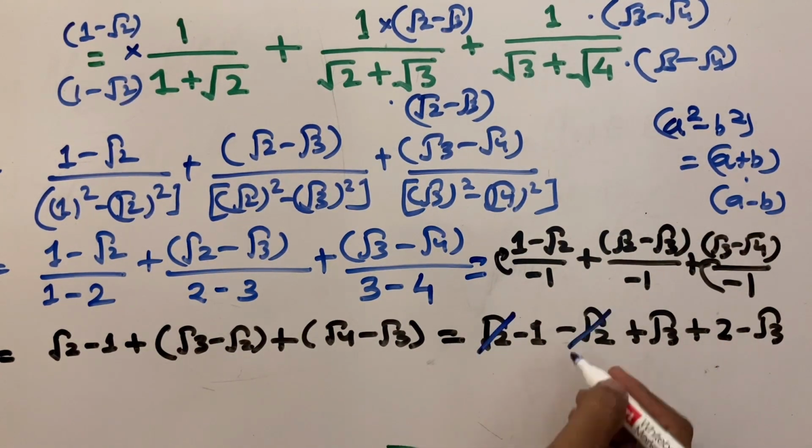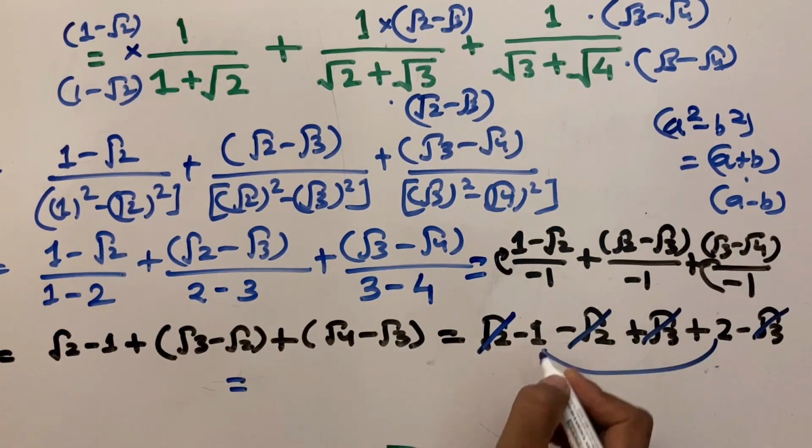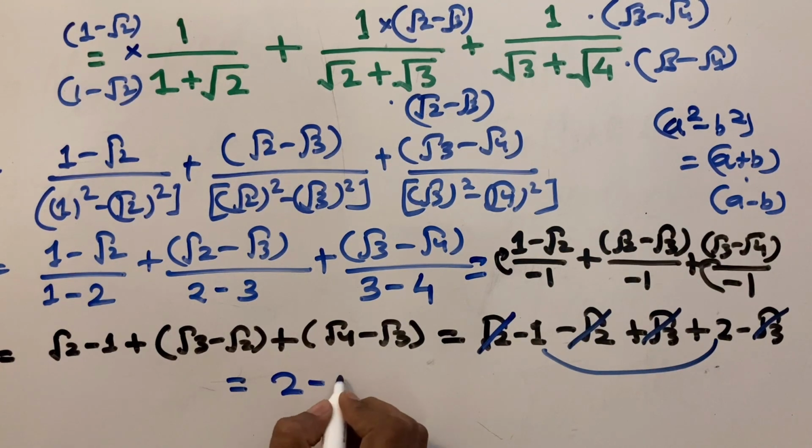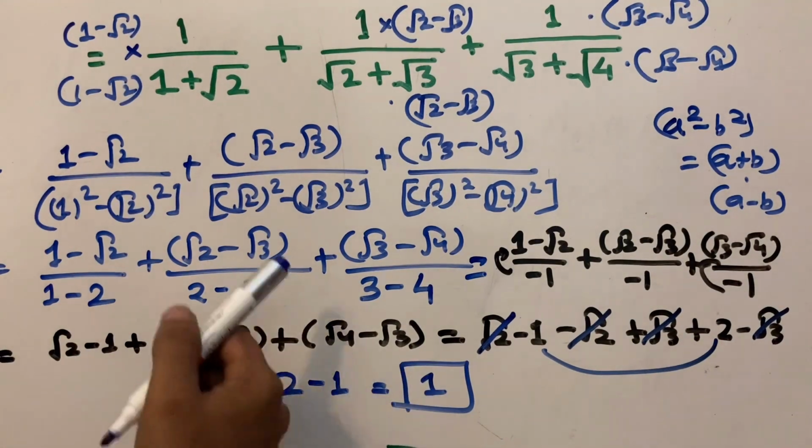This minus minus cancels, this minus minus cancels. This simplifies to 2 minus 1, which is equal to 1. So for this equation, 1 is our answer.